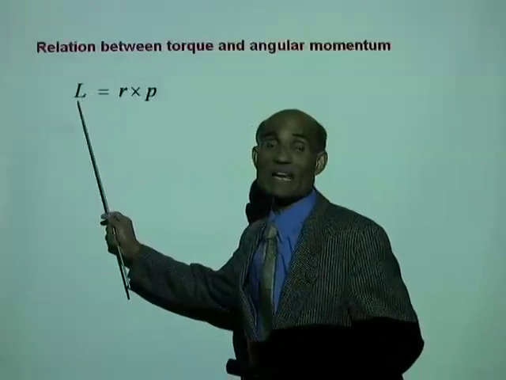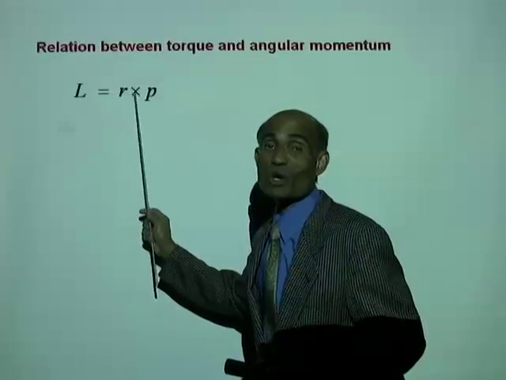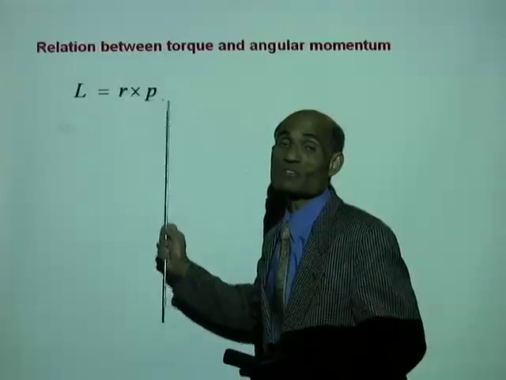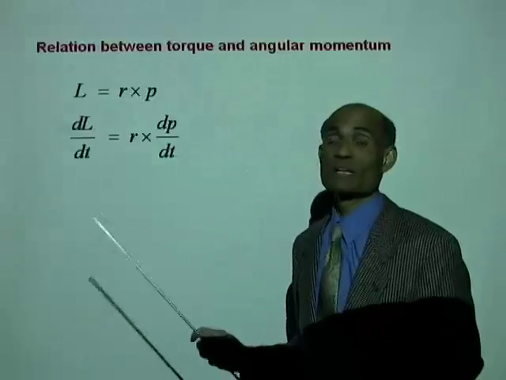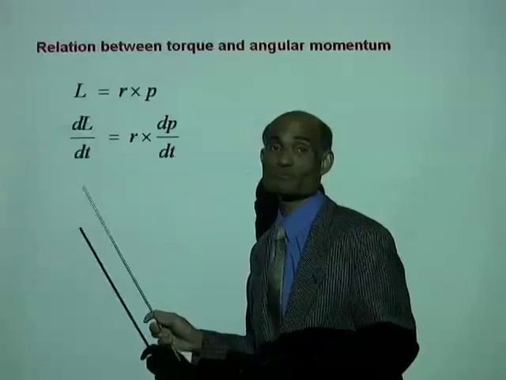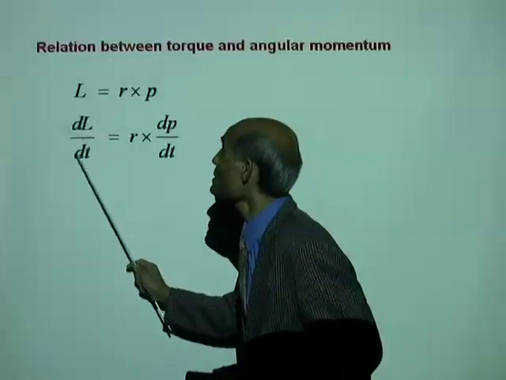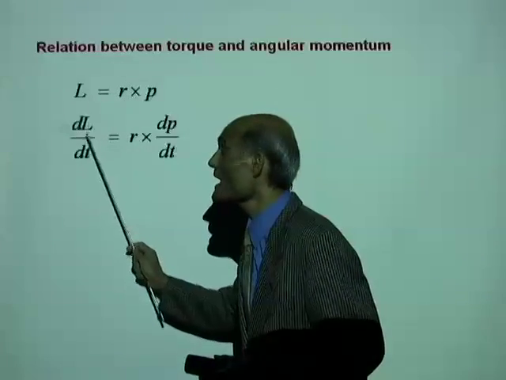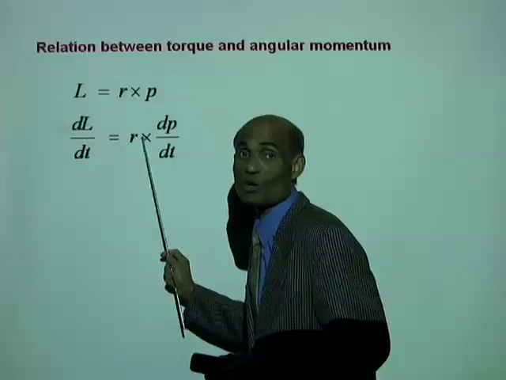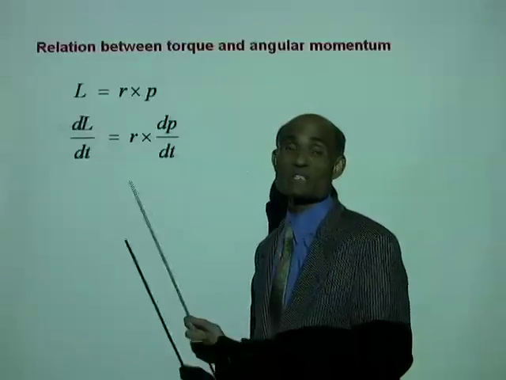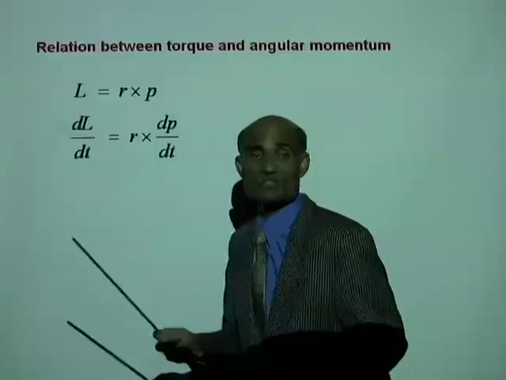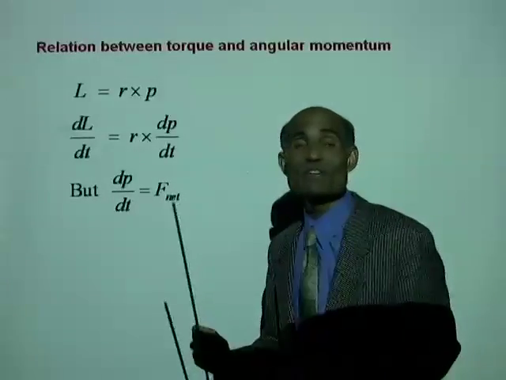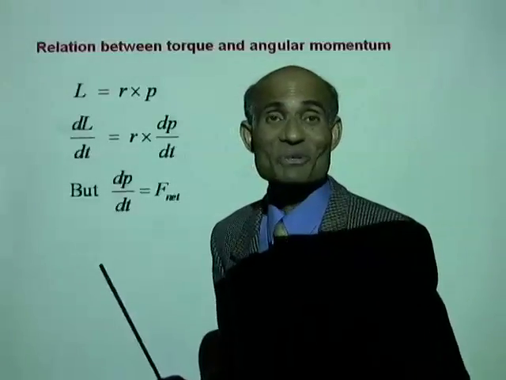You know that angular momentum is R cross P. It's the cross product of the R vector and the P vector. Let's take the derivative of this. Knowing that R is a constant vector, dL by dt is R cross dP by dt. Is that right? That's no problem there. But dP by dt is the net force. That's the one I just asked you.